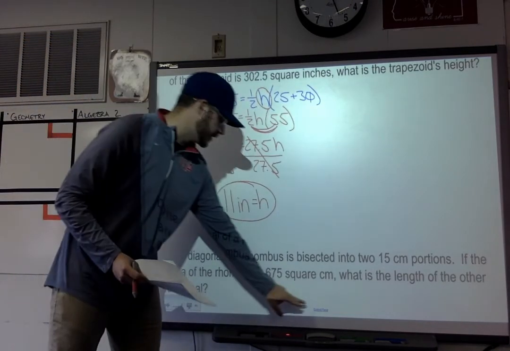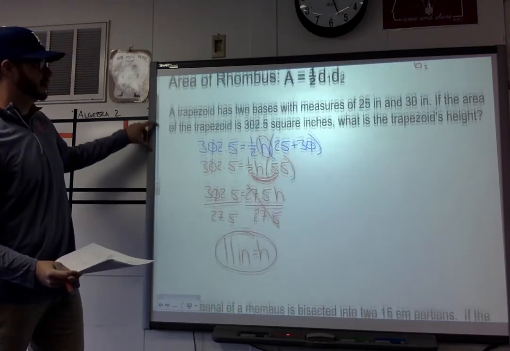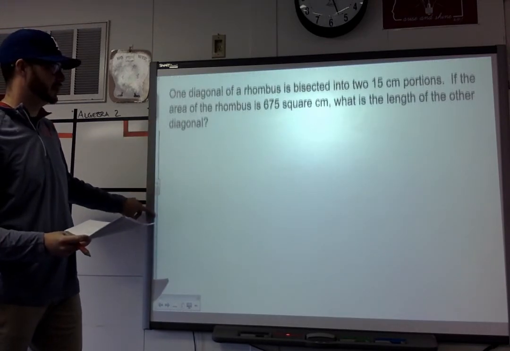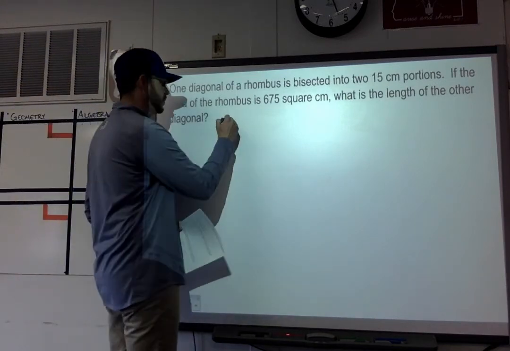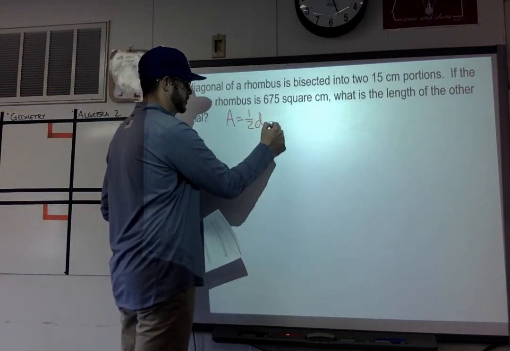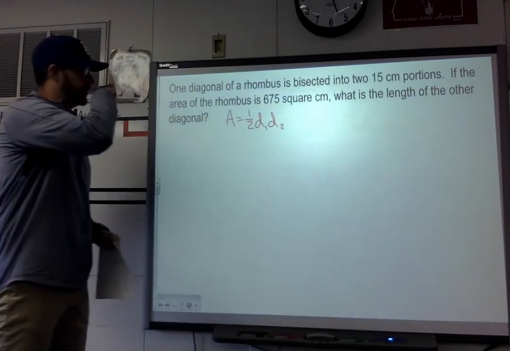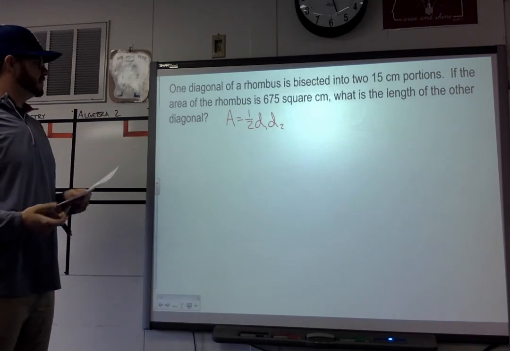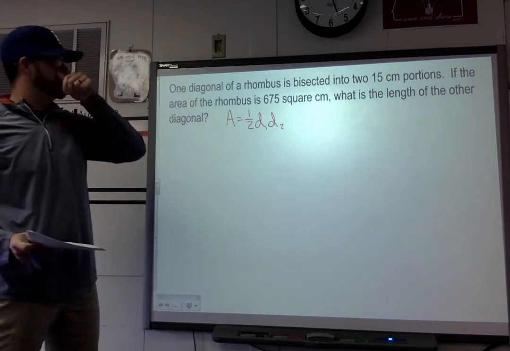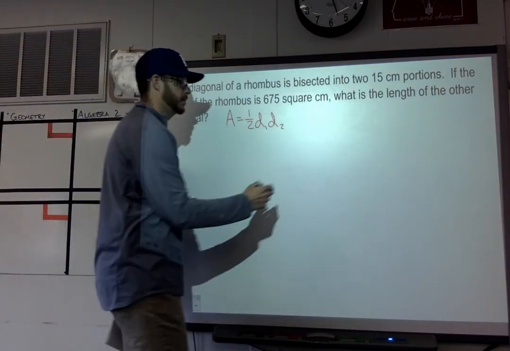Then last one here, working with a rhombus. Again, rhombus area is equal to 1/2 times diagonal 1 times diagonal 2. So in order to solve here, we're given that one diagonal of a rhombus is bisected into two 15-centimeter portions.